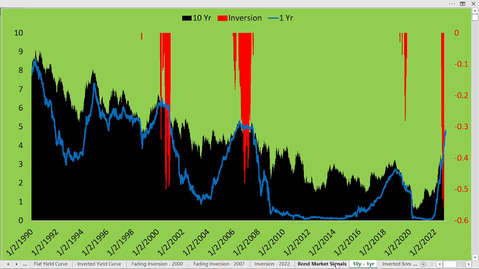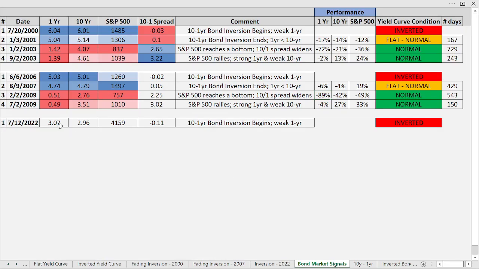But we should note right now, the inversion on the 1-year to 10-year is much more drastic. This is in July, 307 to 296. But if we were to look at current rates, we would see over a 1% inversion between the 10-year and the 1-year.